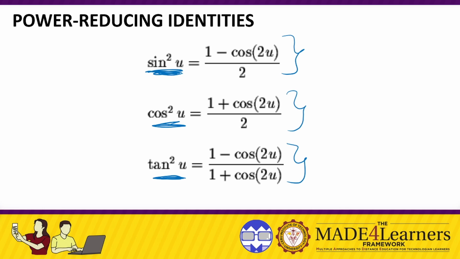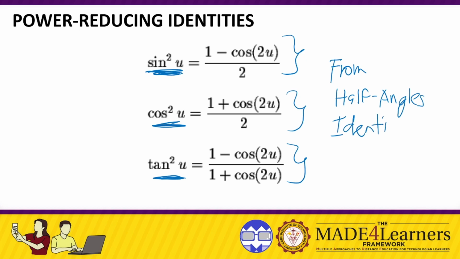Generally, these identities were derived from the half angle identities. If you remember in our previous lesson, if this u here is actually theta over 2, then this becomes theta.